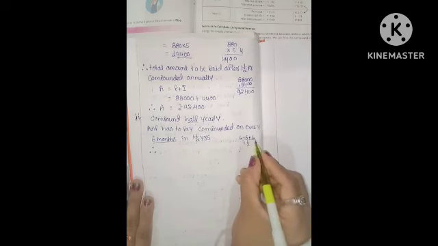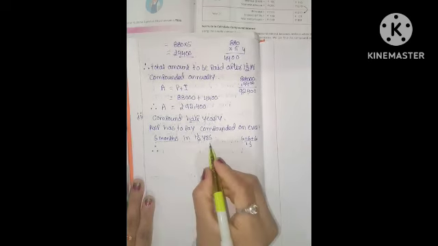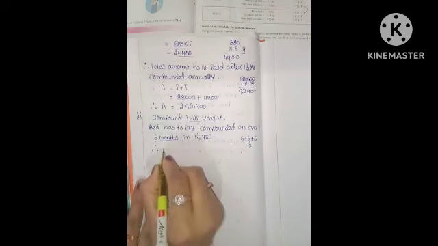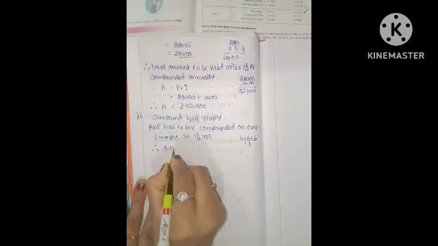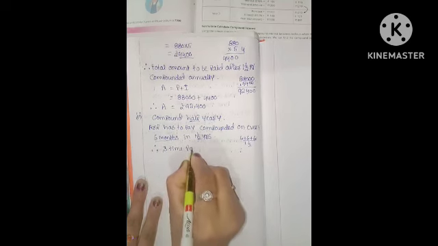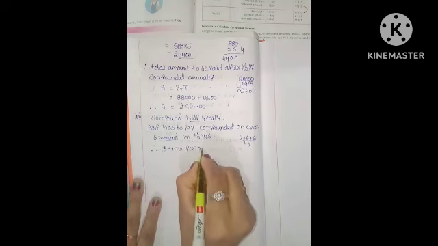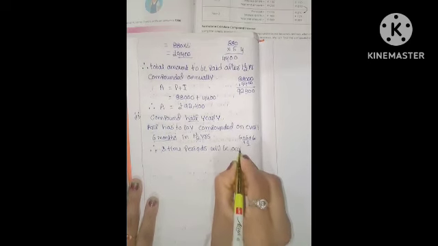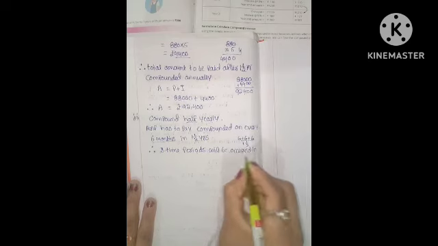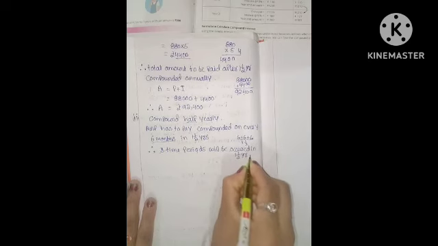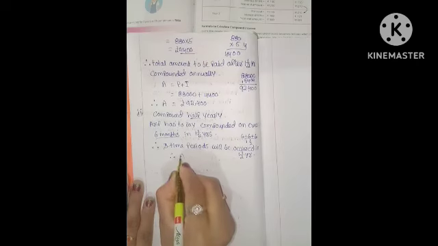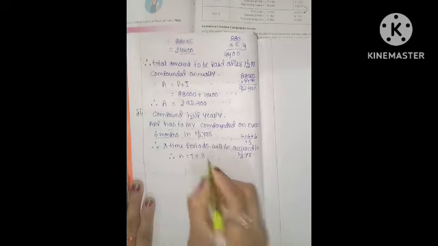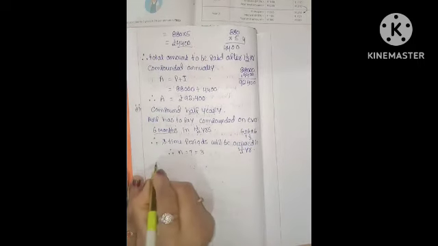Three periods will occur in 1.5 years. Therefore, n equals 3 only.